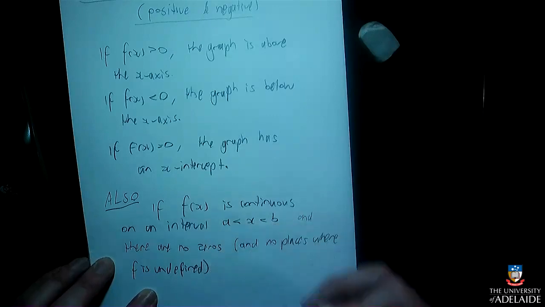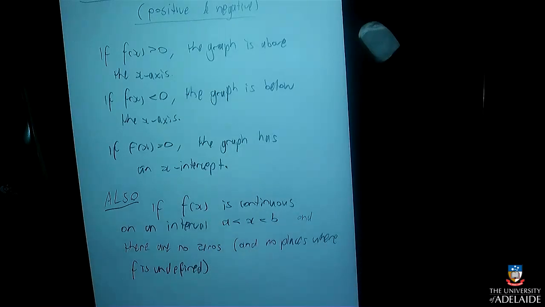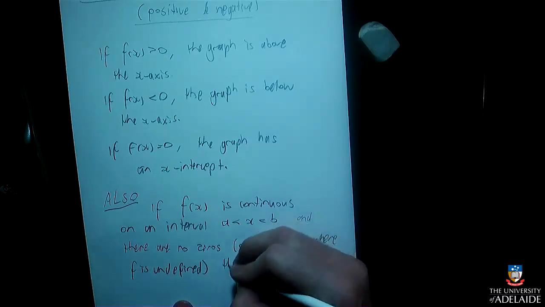Technically, I don't need to say that because f is continuous. If it's undefined at a spot, it's not continuous because you have to jump over that to get to the other side. But I just wanted to explicitly put it in there anyway. No places where it's undefined.